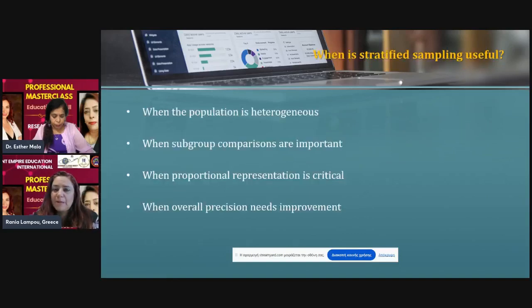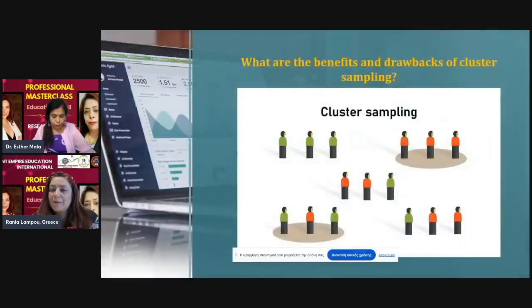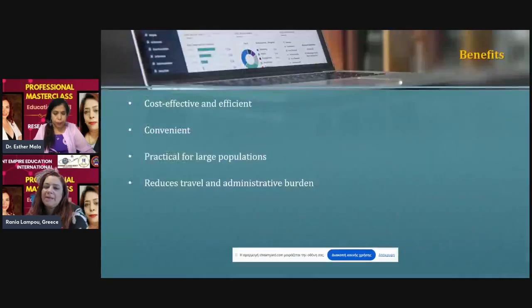What are the benefits and drawbacks of cluster sampling? What is cluster sampling? In cluster sampling, the population is divided into groups, clusters, and entire clusters are randomly selected for study instead of individual members. What are the benefits? It's easier and cheaper to collect data from entire clusters, especially when the population is large and spread out geographically.